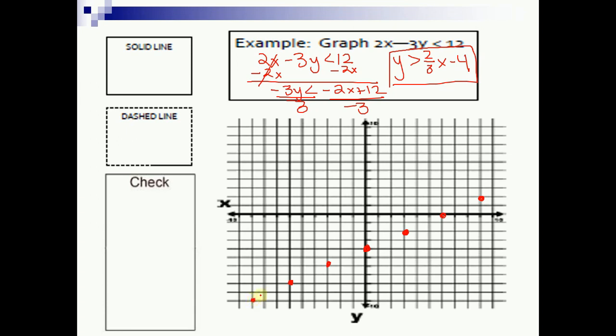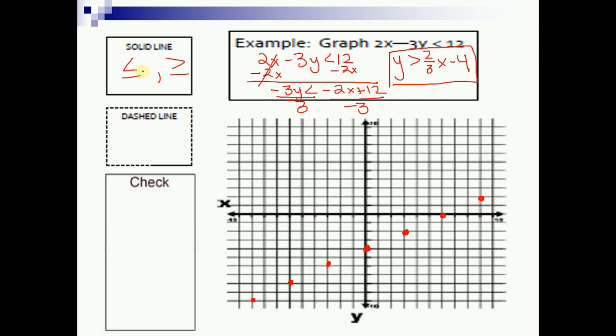Alright, now before you draw in the line, we need to decide, is it solid? Is it going to be just a straight line, no breaks in it? Or are you going to have a dashed line? There are two reasons you would have a solid line: you have to be either less than or equal to, or greater than or equal to. The way I think of it, solid line, you have to do it twice.